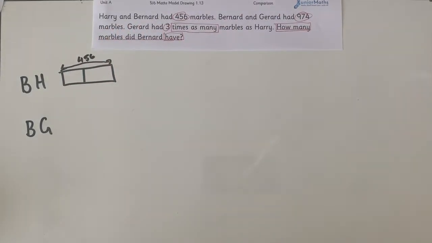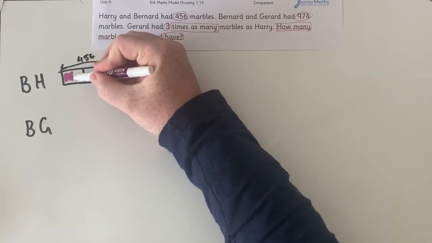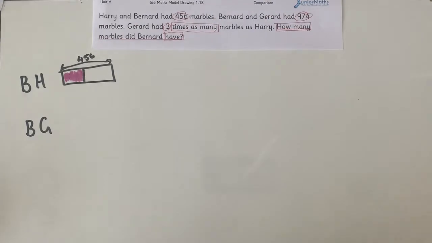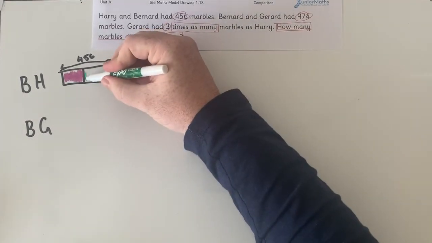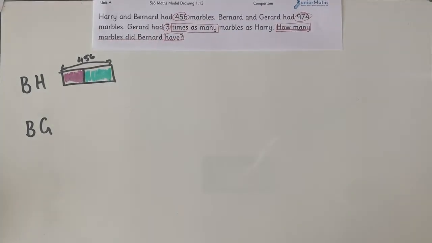Okay, and what I'm going to do is just use some colour to show this is Bernard's and this is Harry's. So we can clearly see the 2 people involved in that.